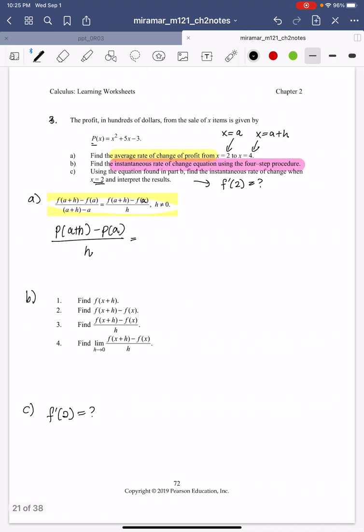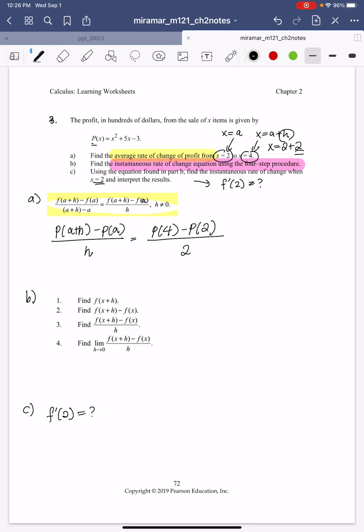So my first part will be P of 4 take away P of 2. In other words, you can see that a is 2 and h is also 2 to make it 4. Divided by h, which will be 2. So that's how you figure out a and h. Even though it's not given, you know that the first number is a and the second number is 2 plus the h. In this case, it will be 2 to make it 4.